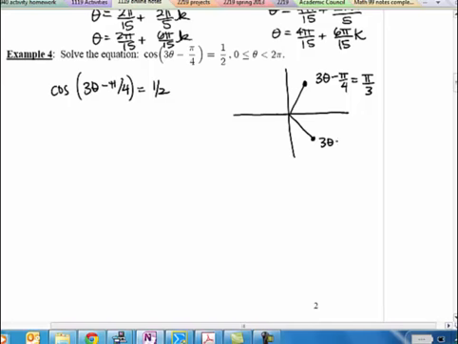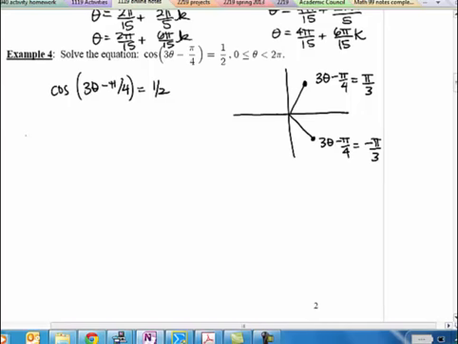And if it's going to be located in quadrant 4, I want it to be, let's see, negative pi over 3 I could do, or I could do 5 pi over 3, but I'll do negative pi over 3.